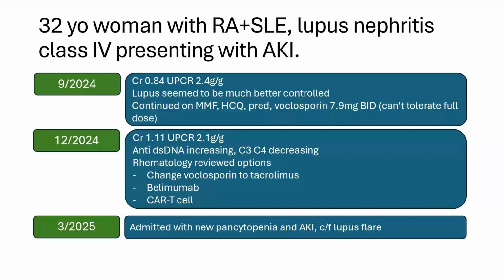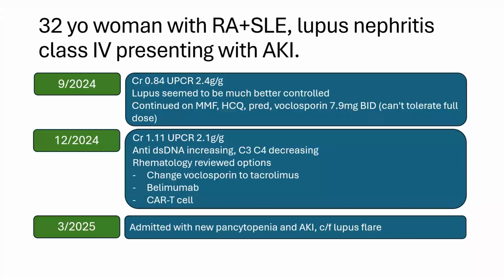She couldn't really tolerate the full dose. In December, there was some evidence of more disease activity. Rheumatology reviewed options like changing voclosporin to tacrolimus, doing belimumab, or even enrolling her in CAR T-cell therapy, and the patient just wanted to think about it at that time.